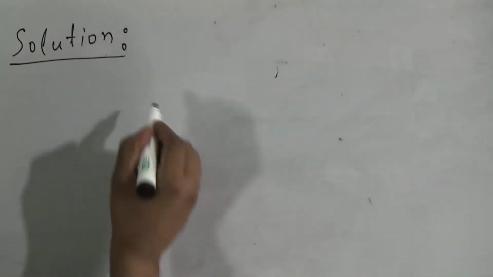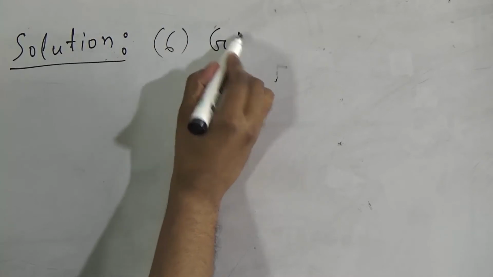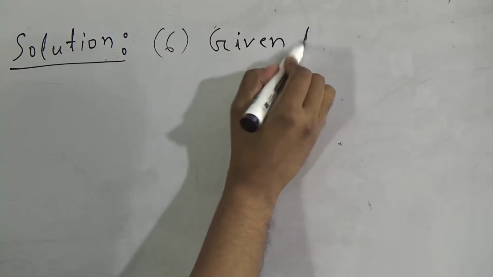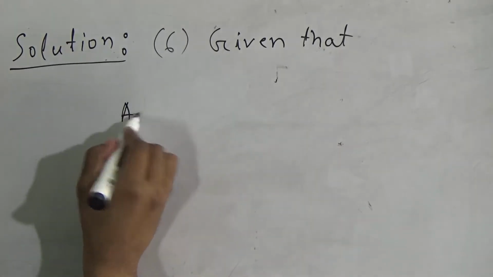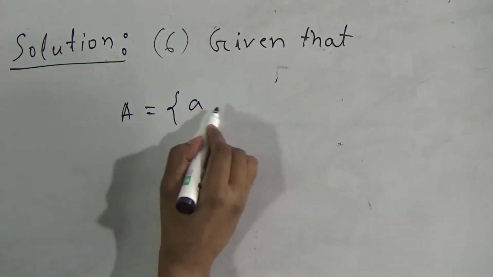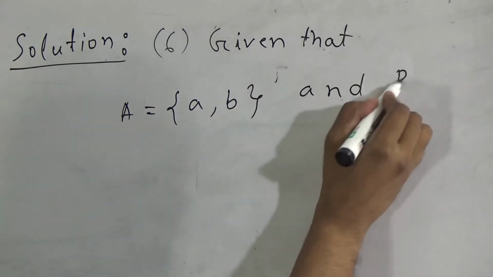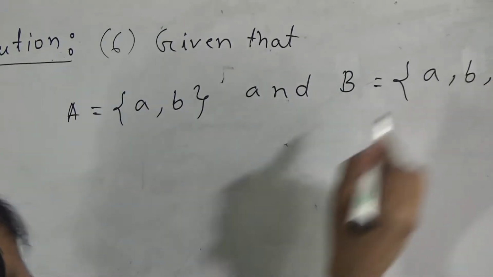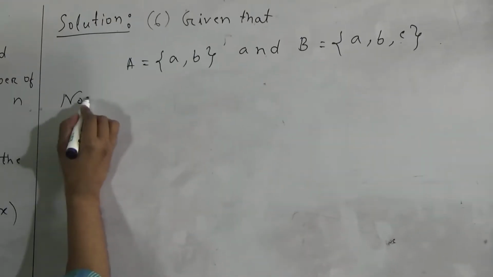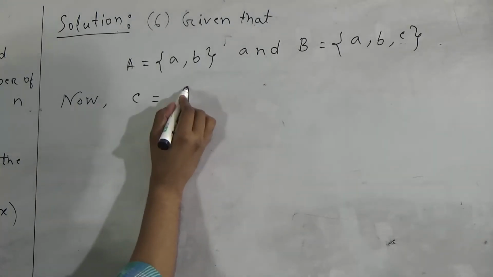Now, given that A equal to {a, b} and B equal to {a, b, c}. Now C equal to A union B, it is also given.